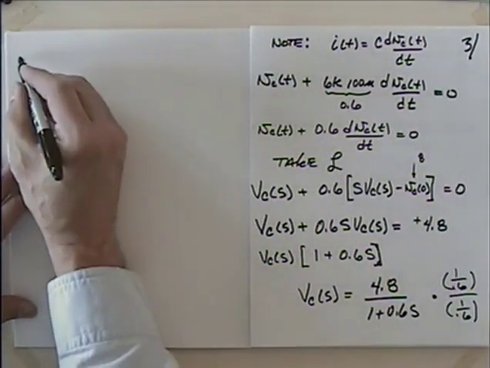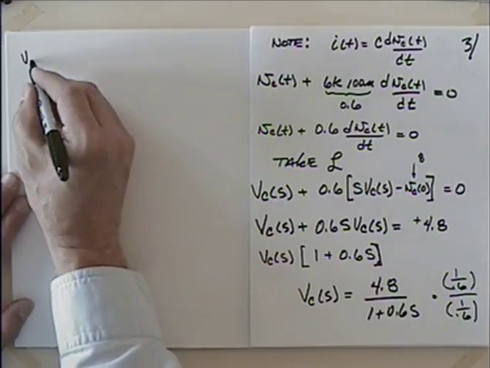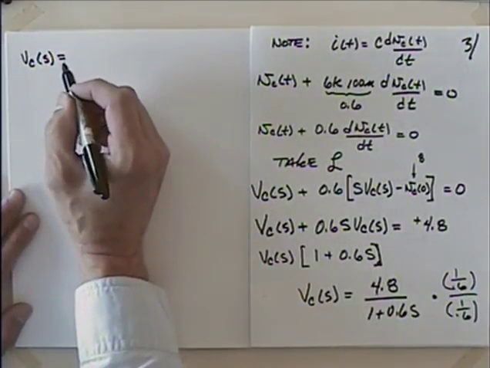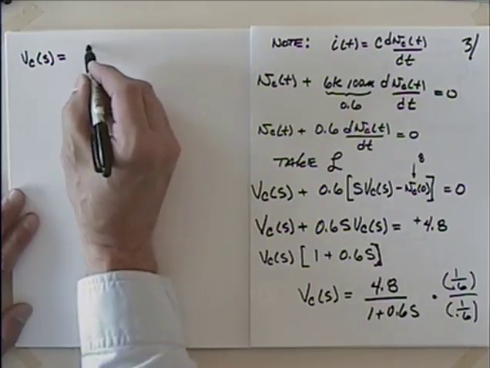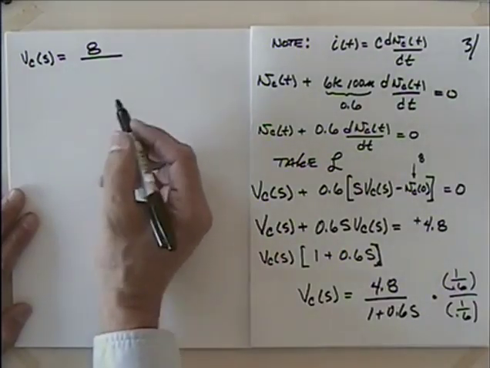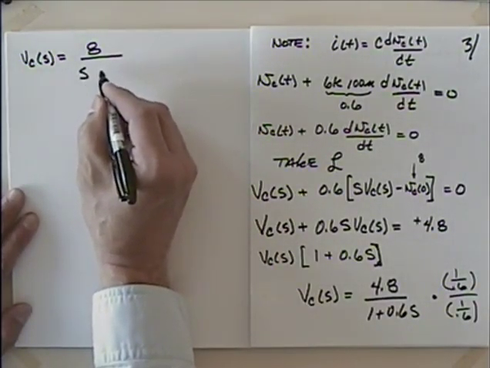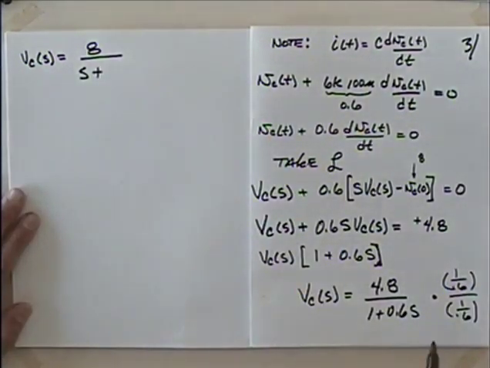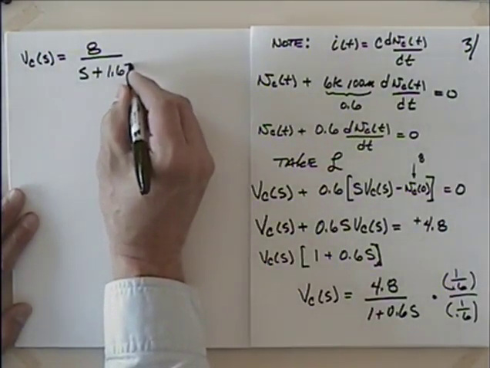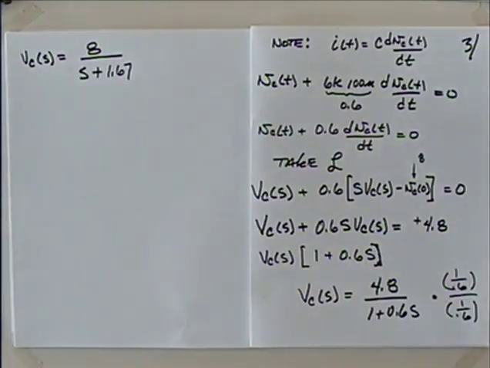So I come up with Vc in the S domain is equal to, I'm back to 8, aren't I? 8 in the numerator, and then S, I think I'll change the order to, and 1 divided by 0.6 gives me what, 1.67? Okay. So hopefully we've seen something like that before. That looks like it's in great form to do the inverse Laplace transform, doesn't it?